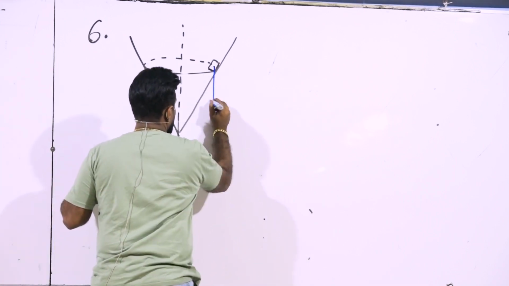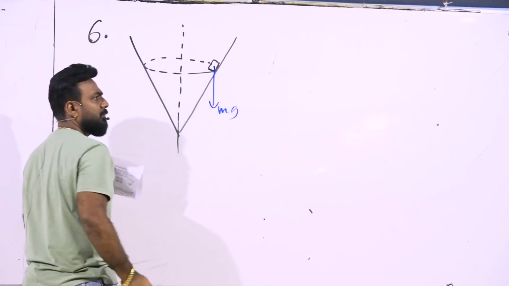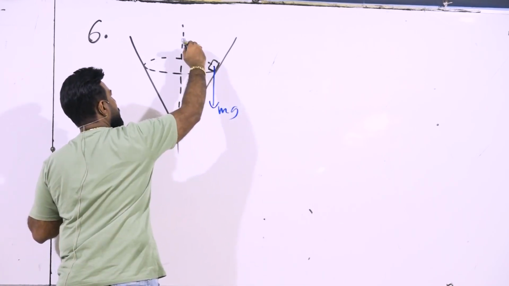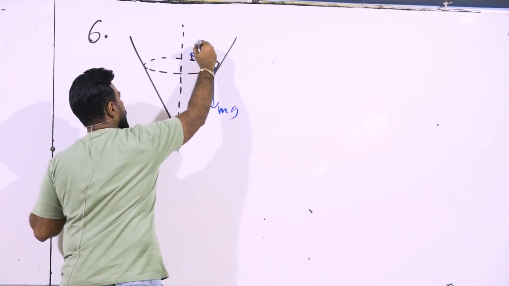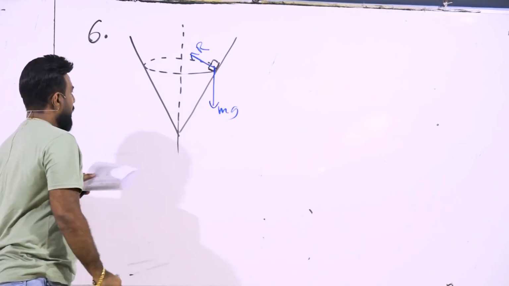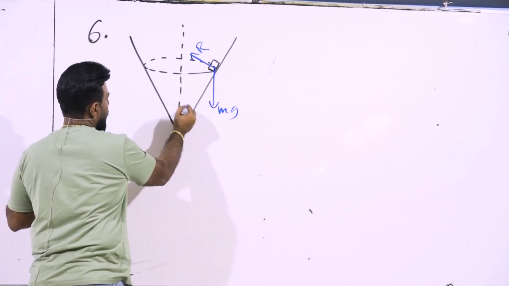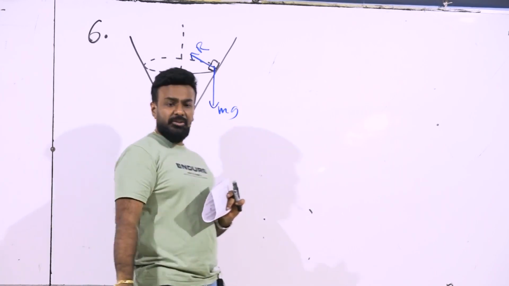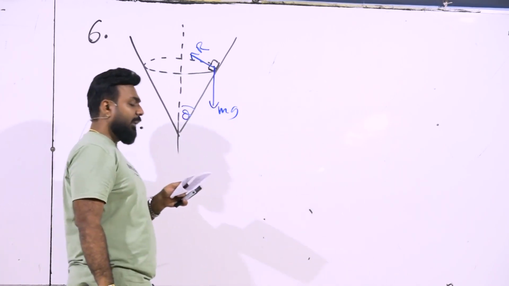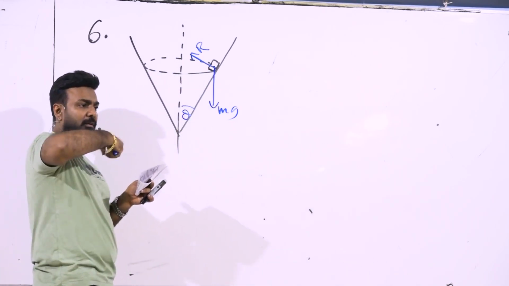Weight, mg. Normal reaction, R. This angle is theta. You also have friction, since it is at maximum velocity.